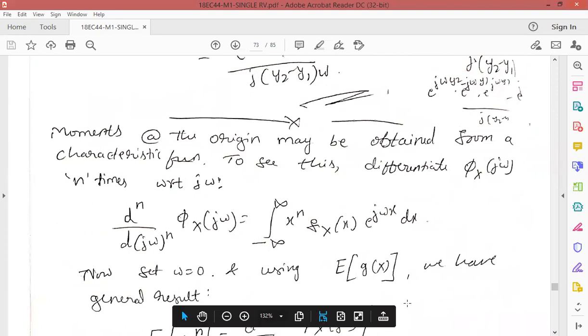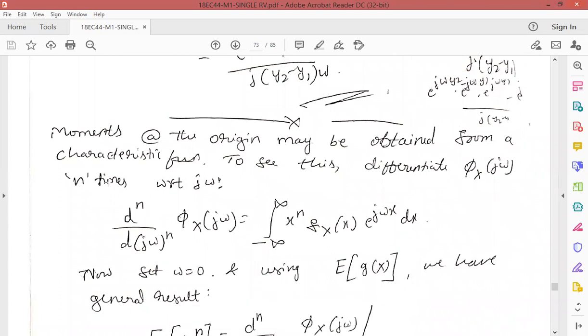That can be defined by d to the power n divided by d of j omega to the power n, which indicates that we are differentiating a given function n number of times. So d^n by d(j omega)^n of phi x of j omega is defined as the integral from minus infinity to plus infinity of x to the power n f x.